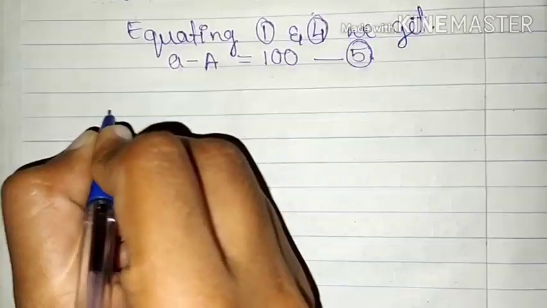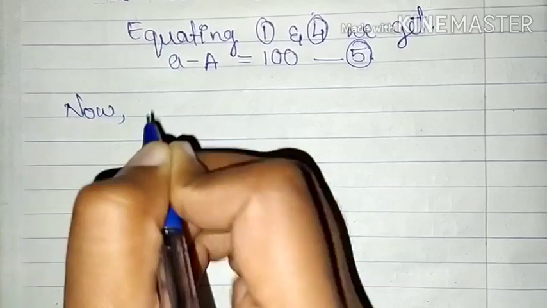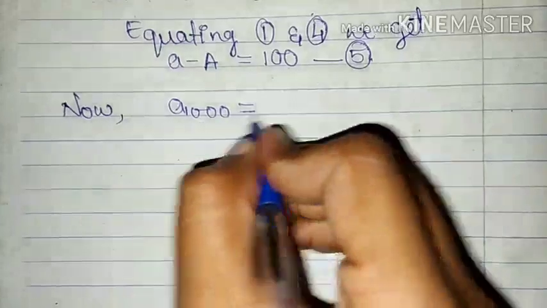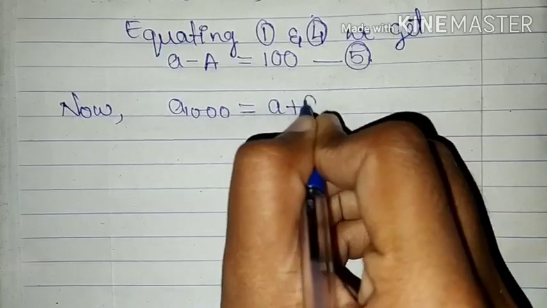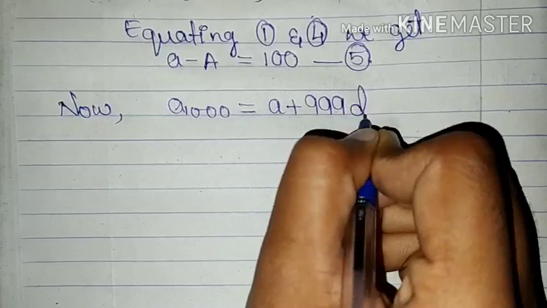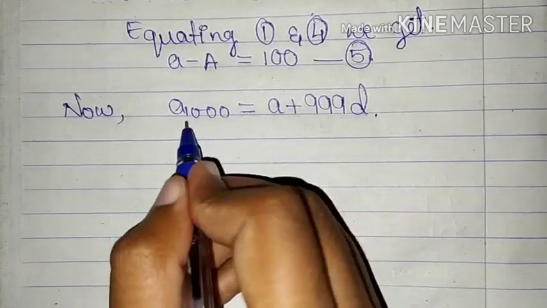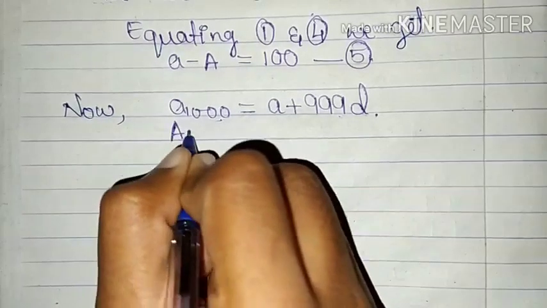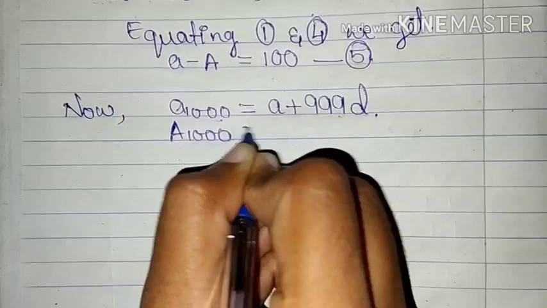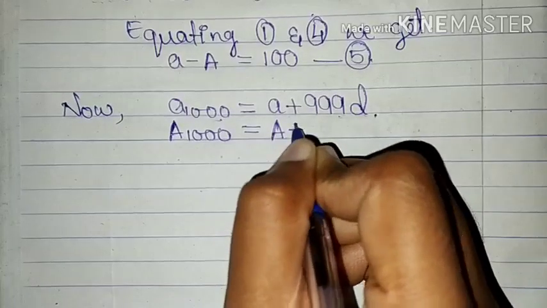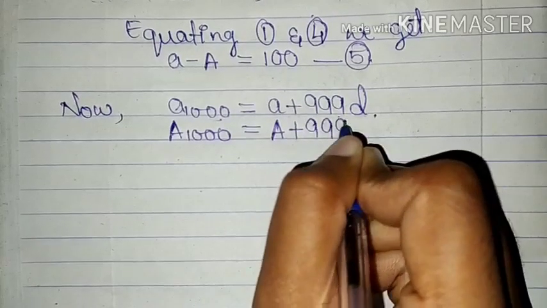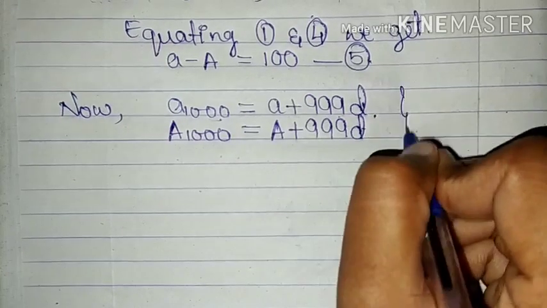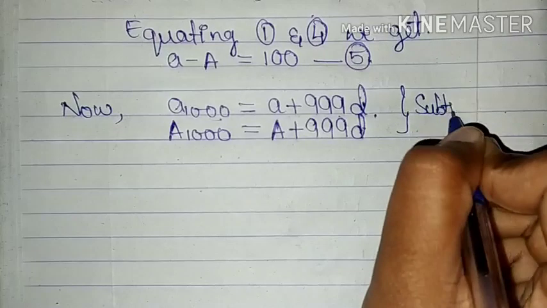Now I can write a1000, using the general form, is equal to a plus 999D. Agree? Because n is 1000, n minus 1 is 999. And capital A1000 is equal to capital A plus 999D once again, because the common differences are same. Now let's once again subtract them.